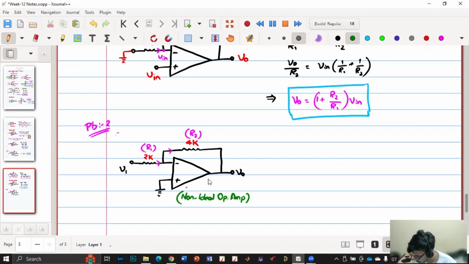So I'll consider whatever the sir has given in his lecture. Aryan sir has considered 100 kilo ohm, very high but not infinite, and gain also very high but not infinite, and say R naught equals 0. Then how do we solve?